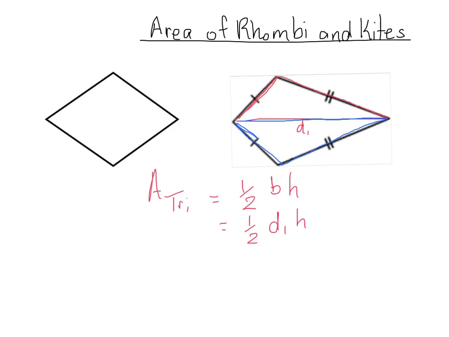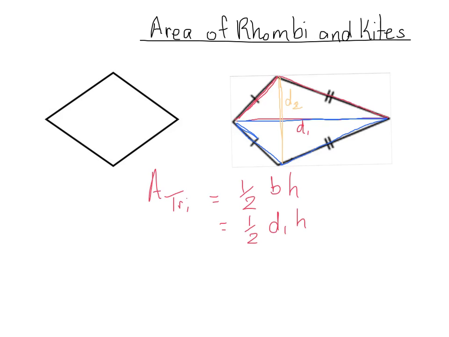But what is the height? Well, we can cut, let me use a different color. We can figure out the height by halving the second diagonal. So our height is actually half of that second diagonal. Since those two triangles are congruent, our height of the red triangle is half of diagonal, not diagonal 1, but diagonal 2.